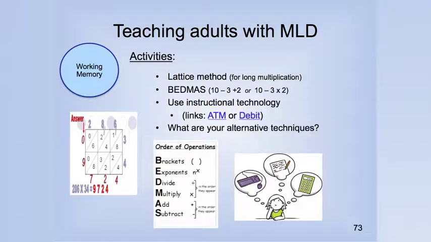So we've got some great activities here for working memory. There are different methods for multiplication. The last method, if you haven't seen it, David's got a great resource on the NASAL website. Basically, here's a 2-digit number multiplied by a 3-digit number, so 3 boxes by 2 boxes. So you start with 1, 2, 3, 4, 5, 6 boxes. You slash them all into diagonals, kind of like on a bowling score. And then you just do easy multiplication. So you know that 3 times 2 is 6.